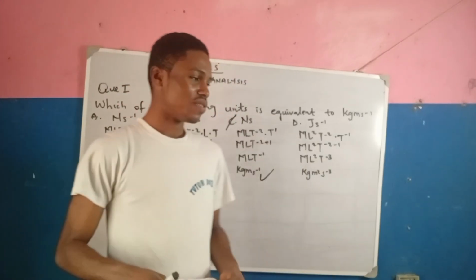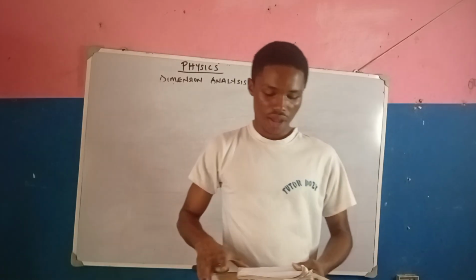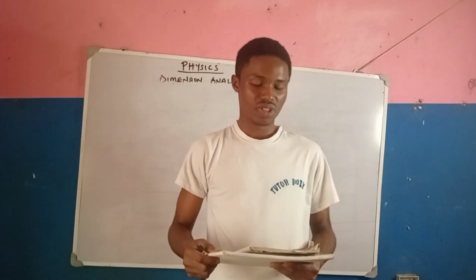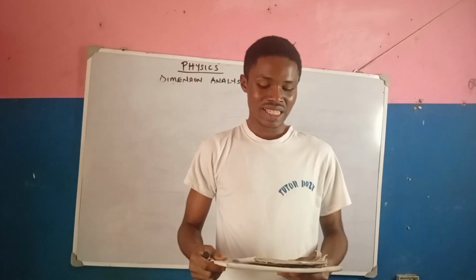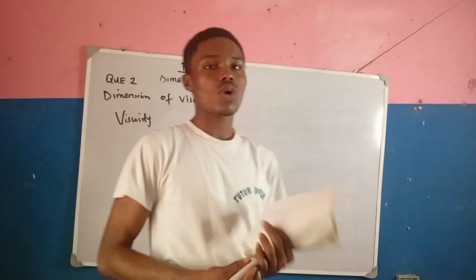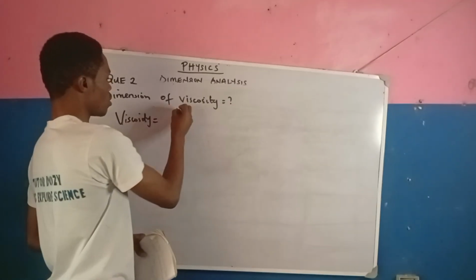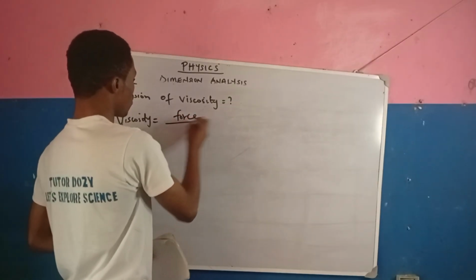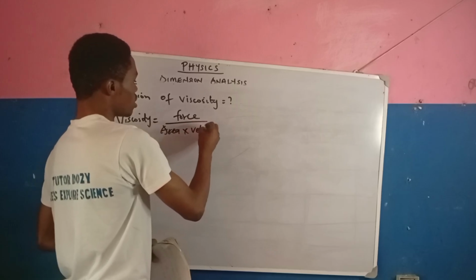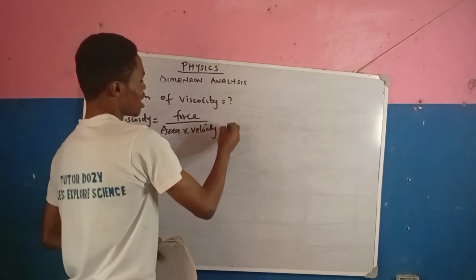It's not difficult. The second question that we have here is: what is the dimension of viscosity? The formula for viscosity is force over area times velocity gradient.